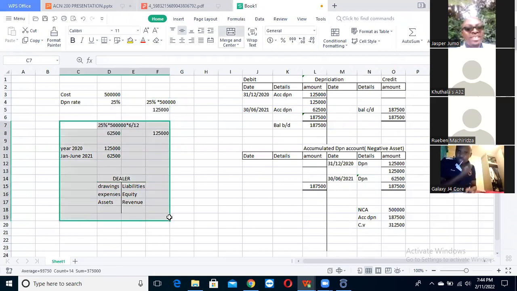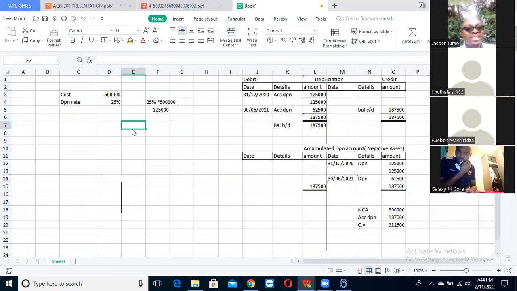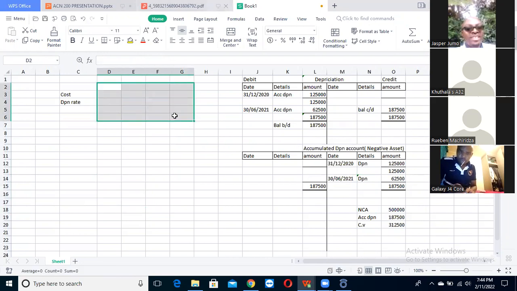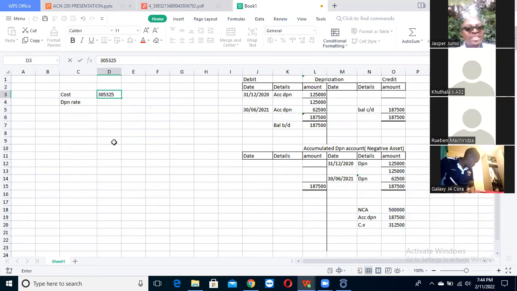We can do away with this information, we have already used it. We want to do away with this one as well. So we are told that the cost is 305,325. Depreciation rate, we've been told 33.33%.